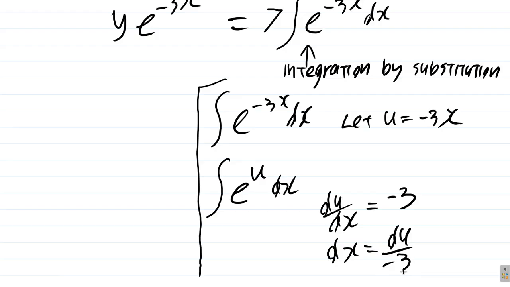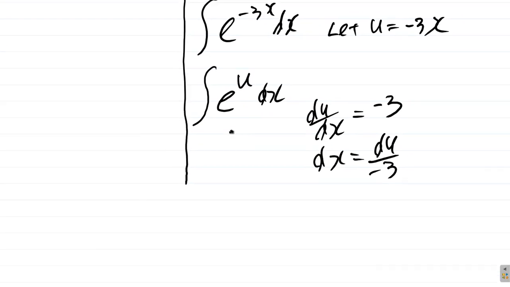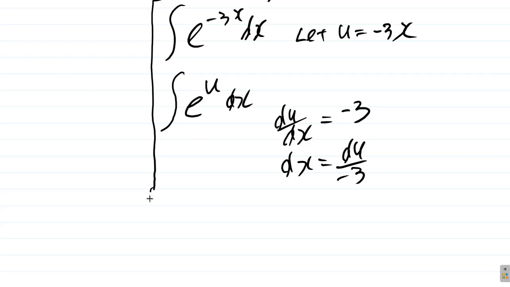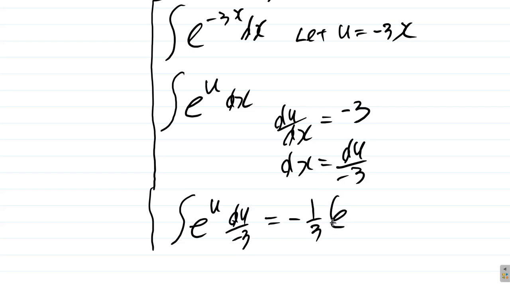Alright? So what you really have here is the integral of e to the u dx, which is du over negative 3, which is negative 1/3 integral of e to the u du. Alright?